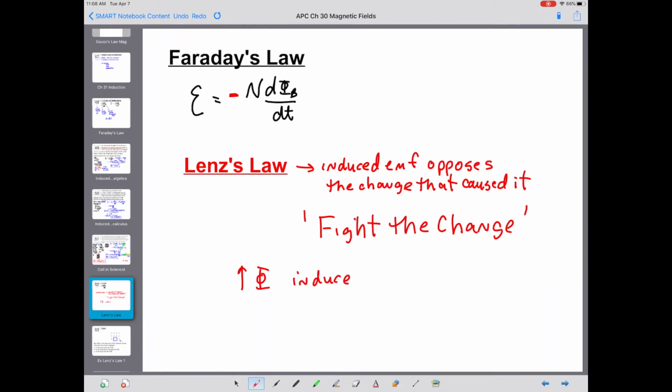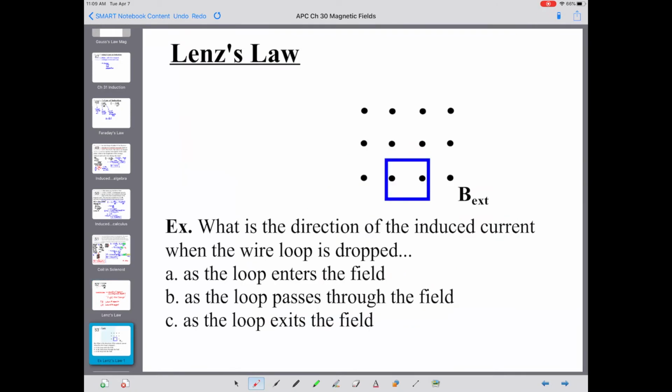Meaning, if your flux is increasing, you will induce a magnetic field that tries to oppose that increase, so that induced field will be opposite the magnetic field that is in place. If your flux is decreasing, then that induced magnetic field caused by the EMF, we'll do right-hand rules in just a second, will support the existing magnetic field.